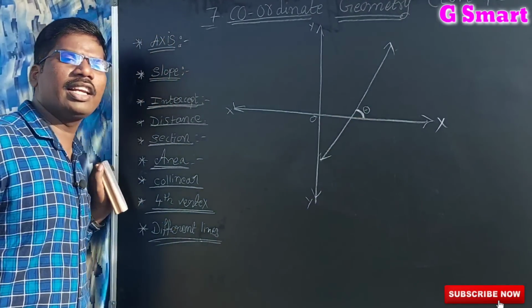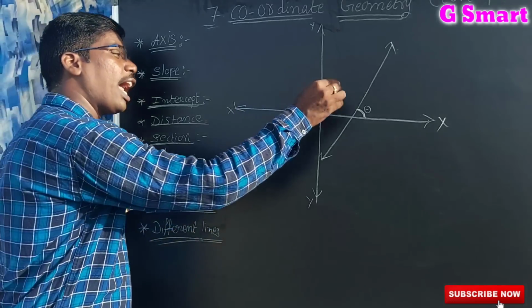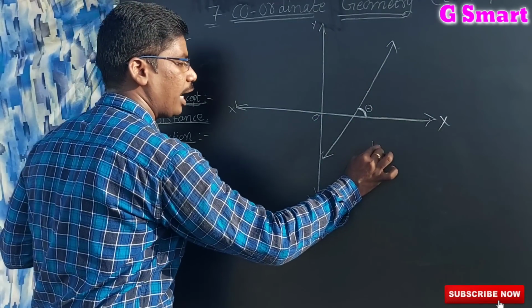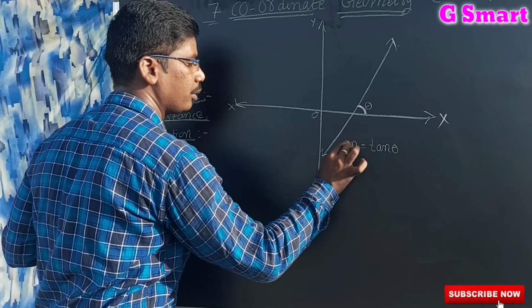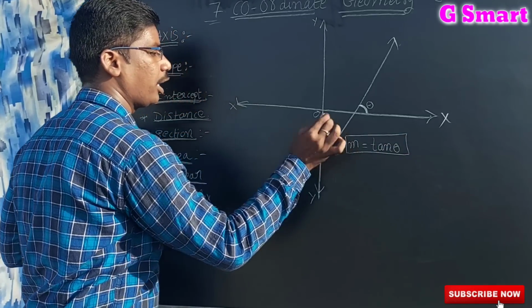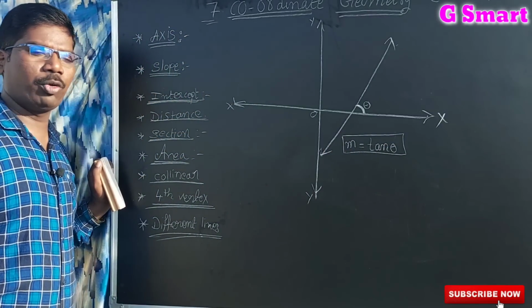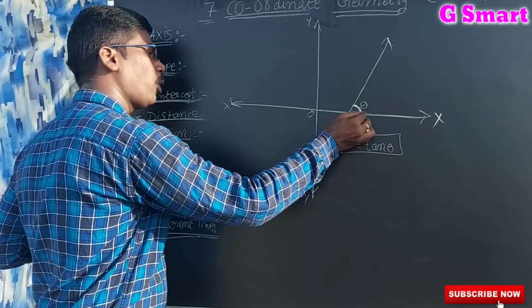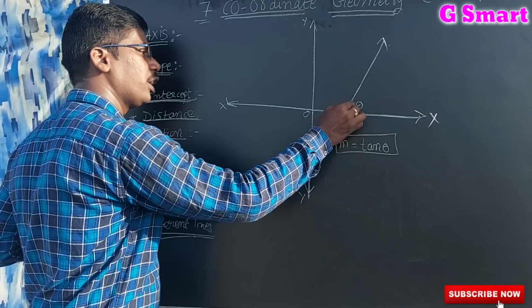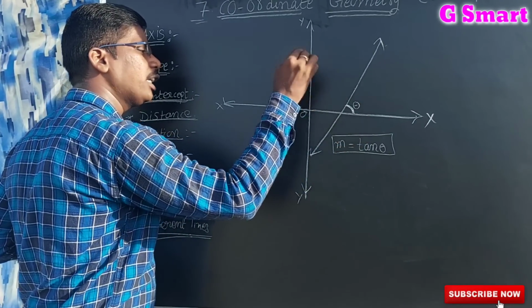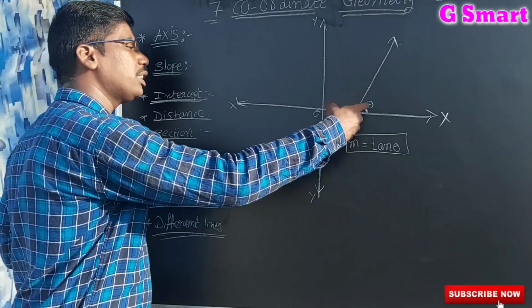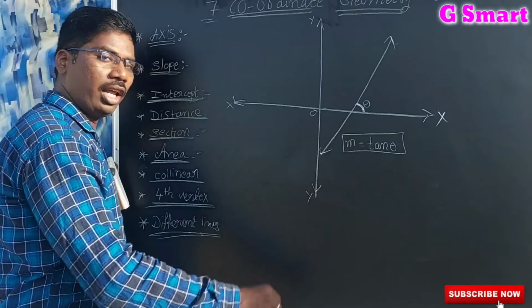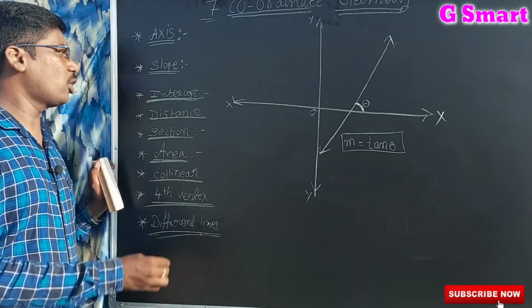The tan theta of that inclination is called slope of the line. m is equal to tan theta. You remember this one, very important. Any line which makes some angle with the positive direction of x-axis, that angle is called inclination of the line, and the tan theta of that inclination is called slope of the line.